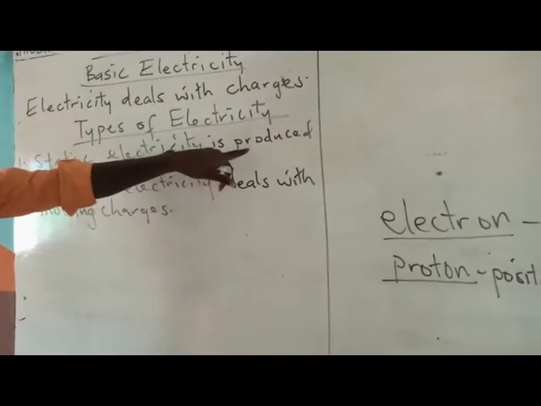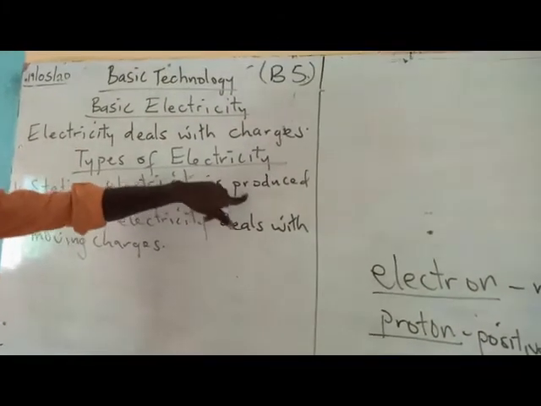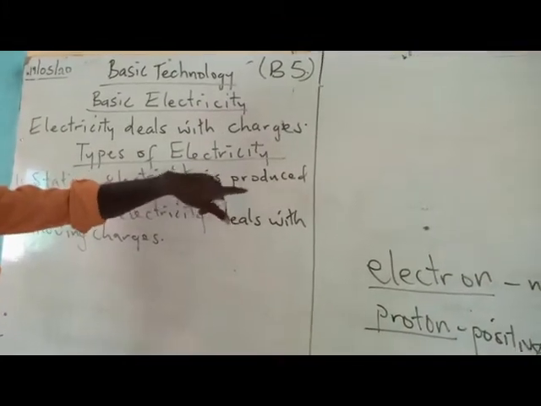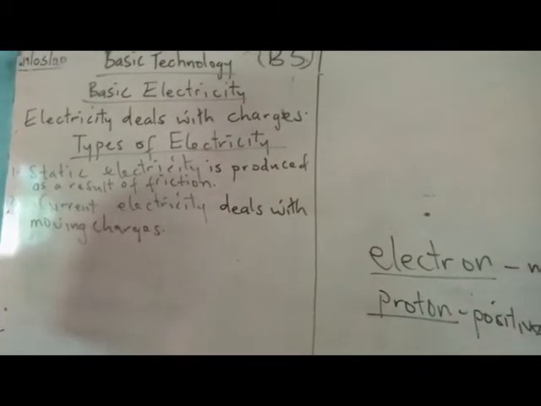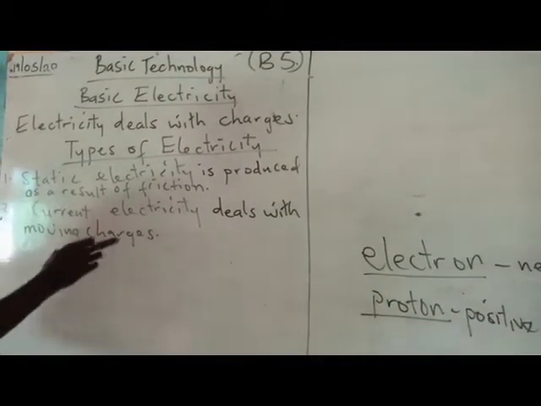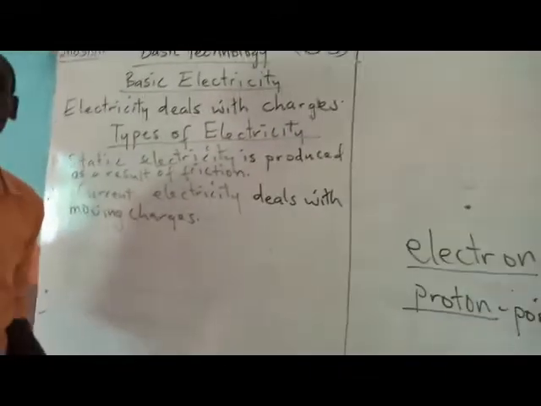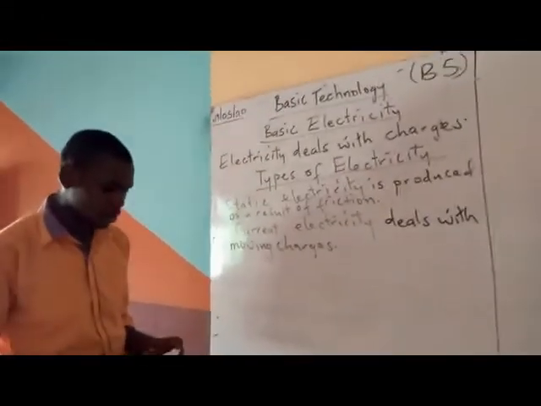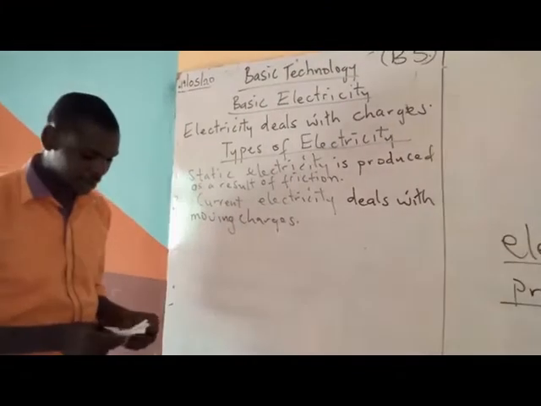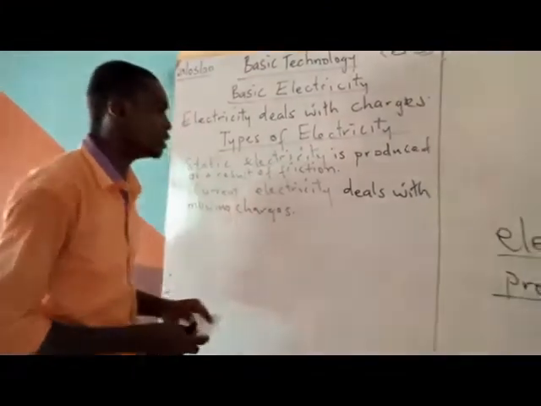A very good example of static electricity is lightning. Lightning is a result of static electricity, but the electricity used for all manner of domestic purposes is current electricity. Electricity that is in motion, that is current electricity.